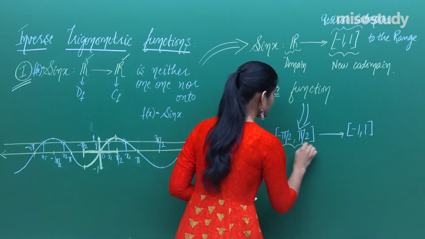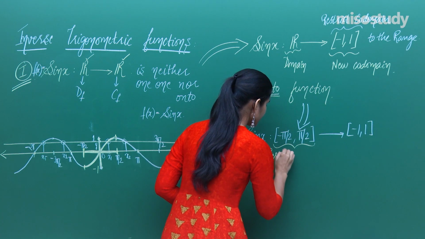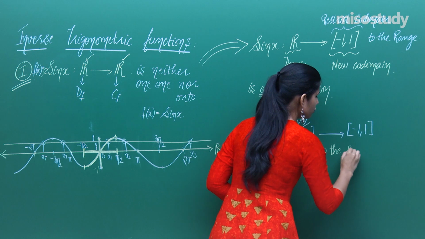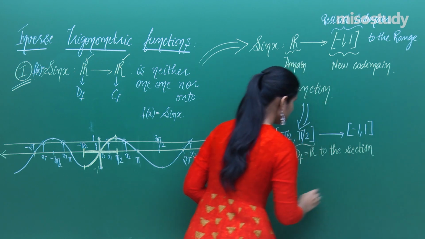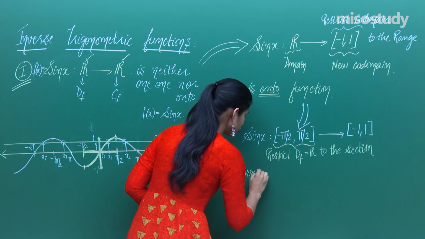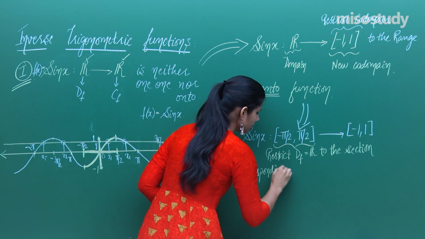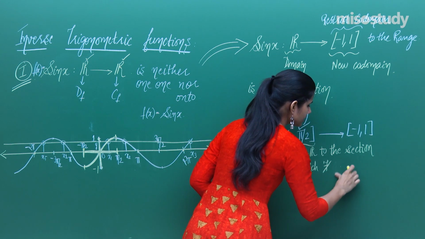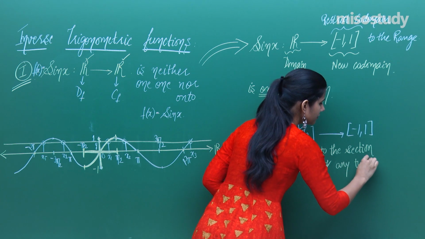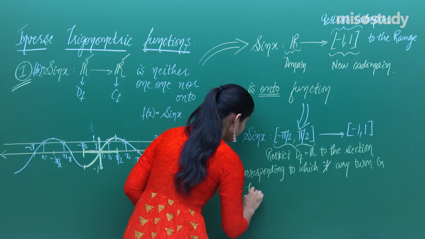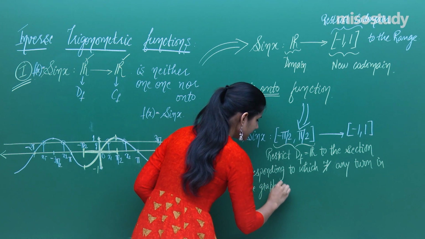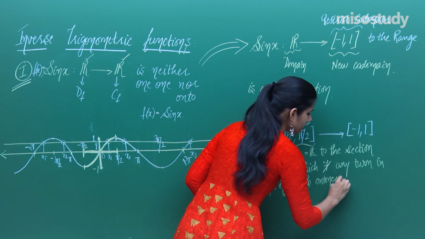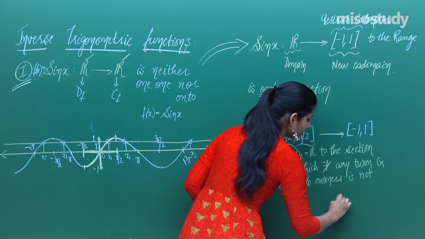What is this? I have restricted my domain, which is the collection of all reals, to the section corresponding to which there does not exist any turn in the graph of sine, and ontoness is not disturbed.